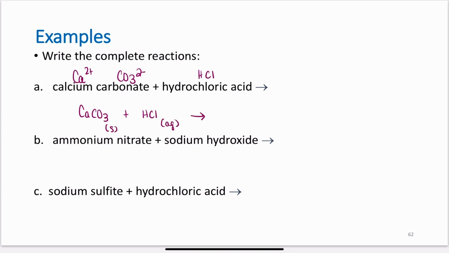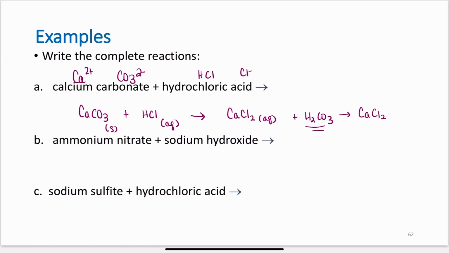It's going to swap partners, forming calcium chloride. Again, chloride is Cl minus, so I need 2 of them to balance out the calcium. But it's going to form H2CO3, and this is what's important here. The moment I see H2CO3, I know this is going to further break down.